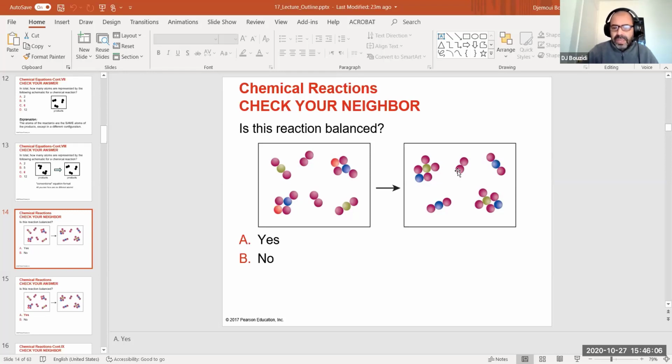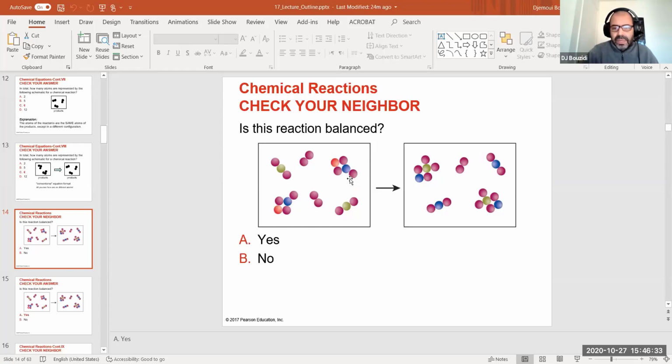So in terms of this kind of atom, I have the exact number, 14 to start with and 14 to end with. In terms of this greenish color, I have 2 of them to begin with, and I also have 2 at the end. So we're good in terms of that. You are not balanced until every one of them is accounted for, okay?